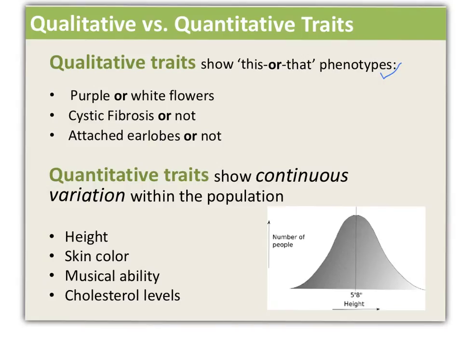So this is either purple or white. And if it was actually not height, but let's say it was color, you'd have, let's say, light color, and then dark color, and then gray color all over.